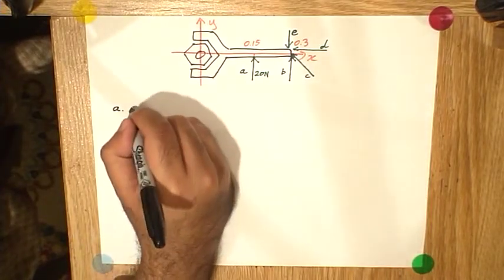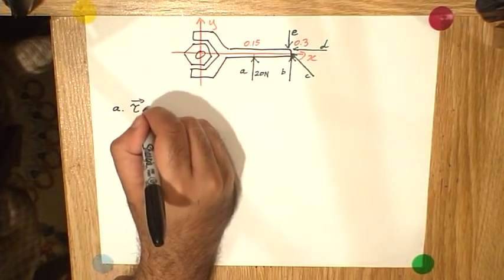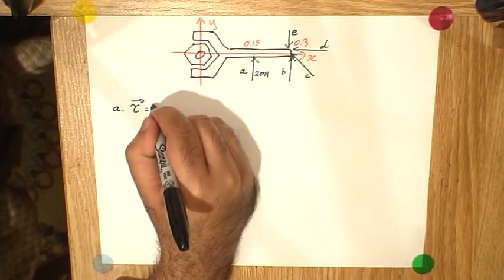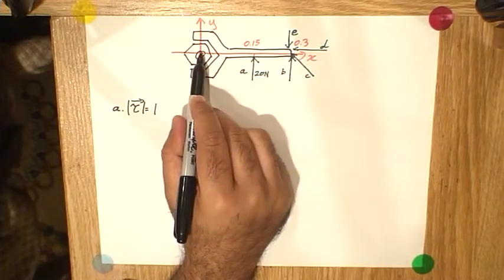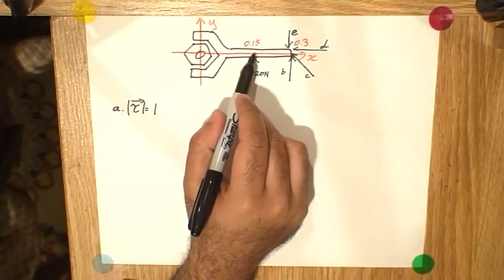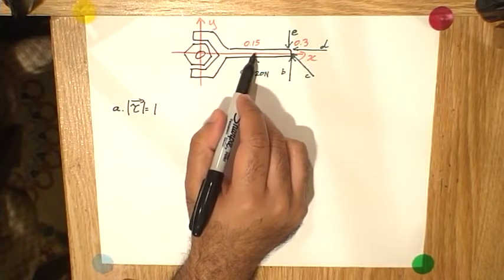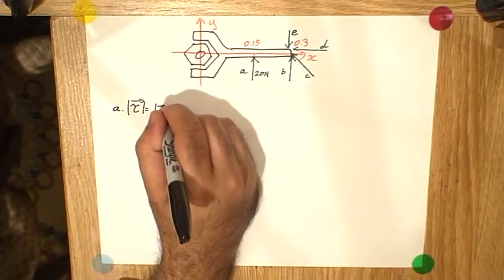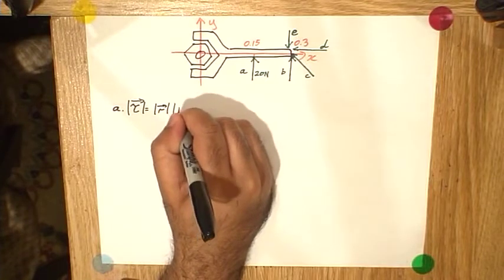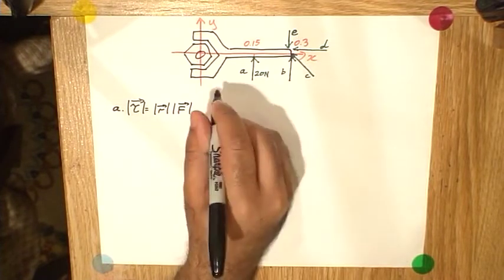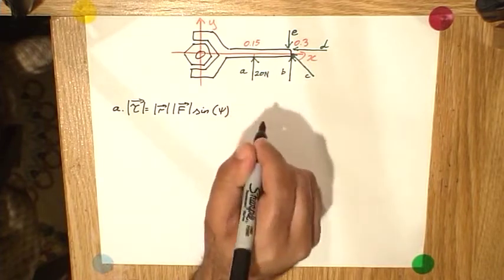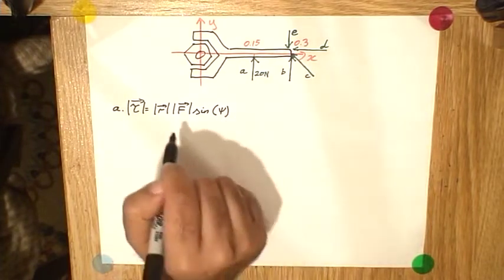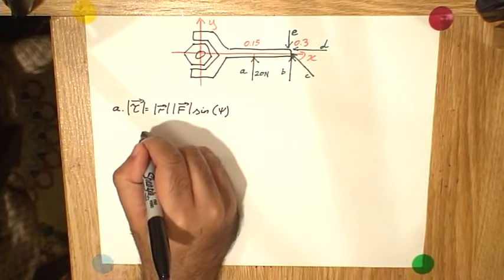So, because torque is equal to the distance from the center of rotation to the point where the force is applied, that's known as the lever arm, multiplied by the size of the force, multiplied by the sine of the angle between them. We'll talk more about that sine in just a second. First, let's put in the information that we know.